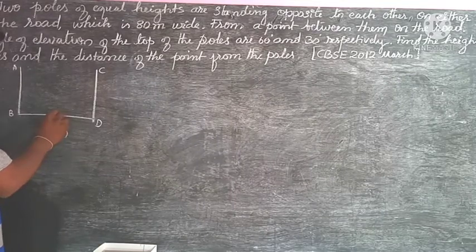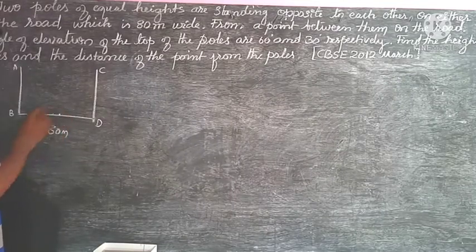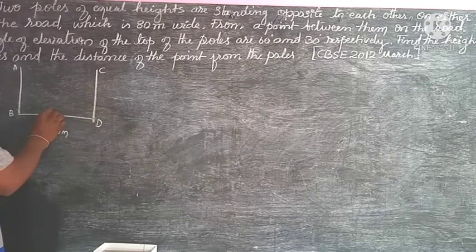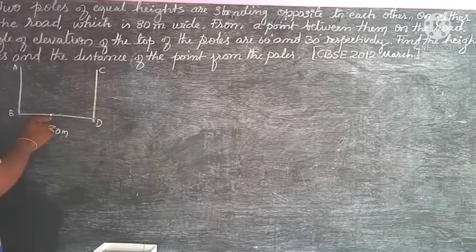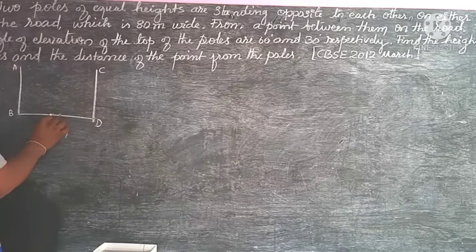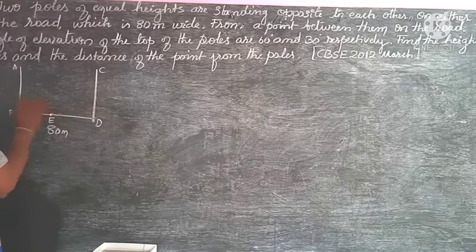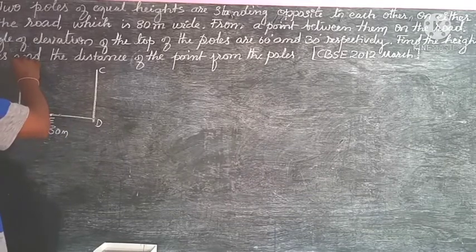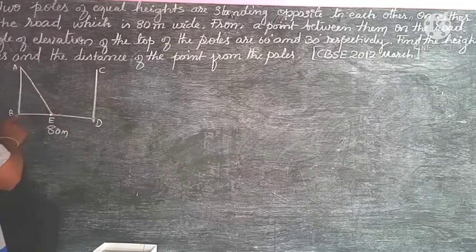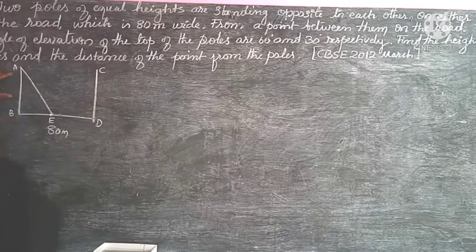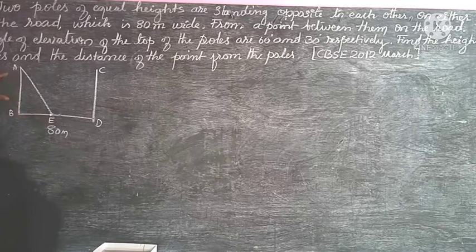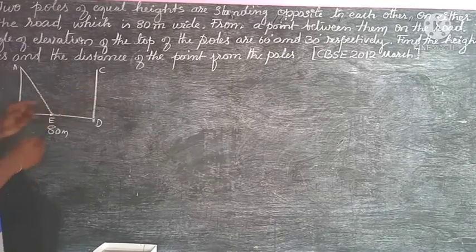So we consider a point here, point E. We have A, B, C, D, E. This point E is near the pole AB compared to CD.